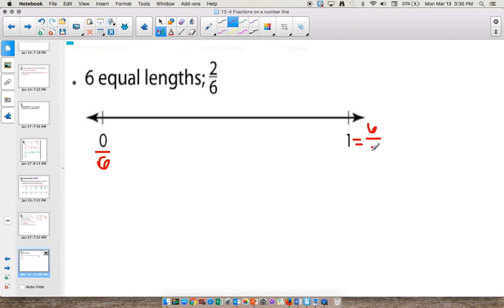Because that's 1 whole. So I need to have 6 equal jumps or sections. So I'm going to go 1, 2, 3, 4, 5, 6. Okay, look. I did not do very good because, see, this should be 6/6.